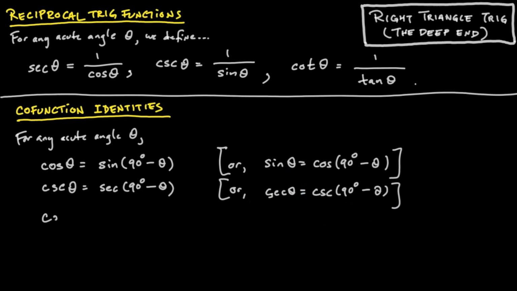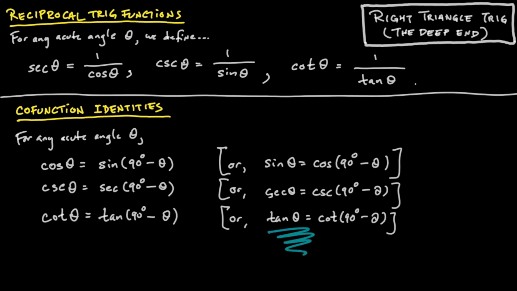And finally, what do you expect is true about the cotangent of theta? Yes, you guessed it. It's going to be equal to the tangent of its complement, because tangent and cotangent are, as their names suggest, cofunctions. They make up a cofunction pair. And to complete the symmetry here, we could write that as the tangent of an acute angle theta is the cotangent of theta's complement.